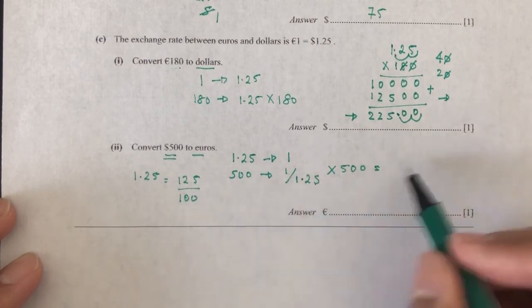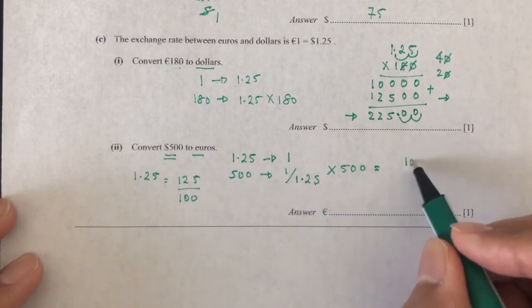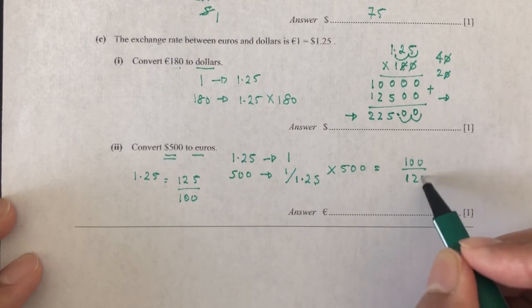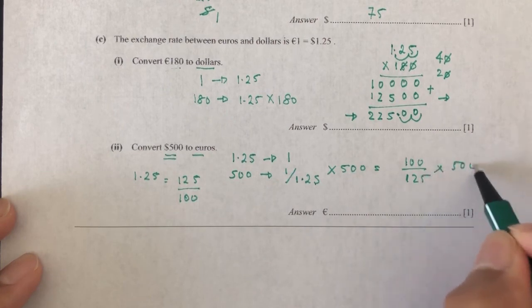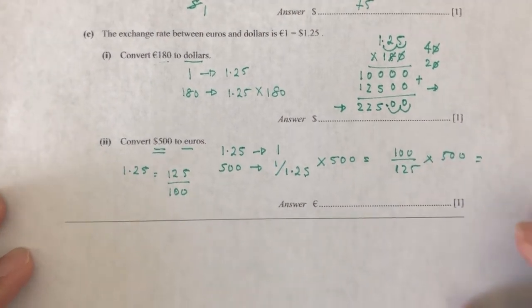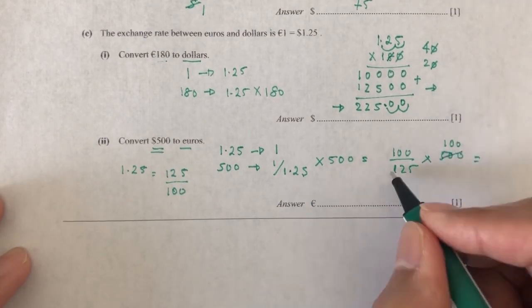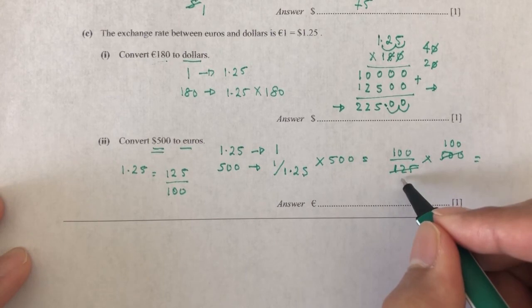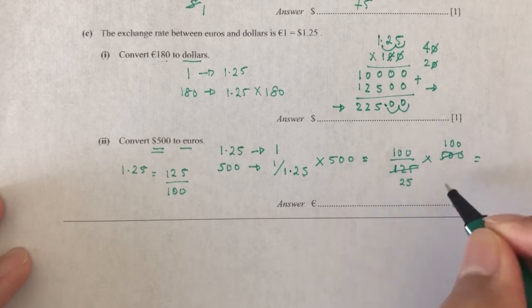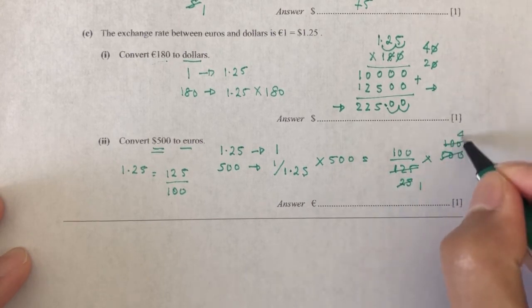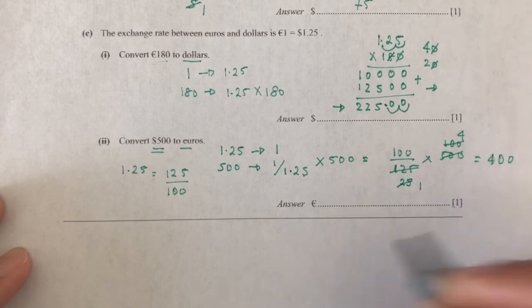And 1 divided by this will be equal to 100 divided by 125 times 500. Let's solve. Divide by 5, we have 100, we have 25. 25 is 4, so your answer will be 400.